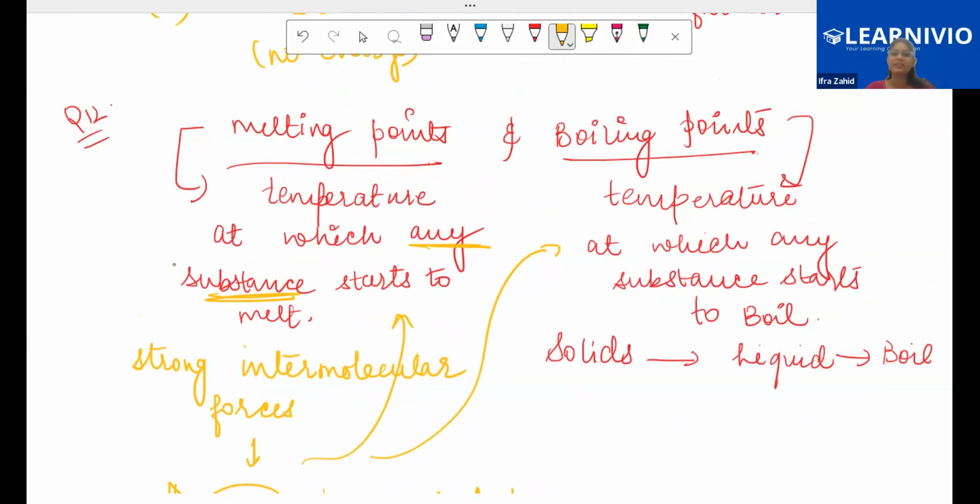Okay, ma'am. You can't melt wood. You can burn it, you can convert it into ash, right? Yes, ma'am. You can't melt it. Okay? Okay, ma'am. All right. Any other question? No, ma'am.